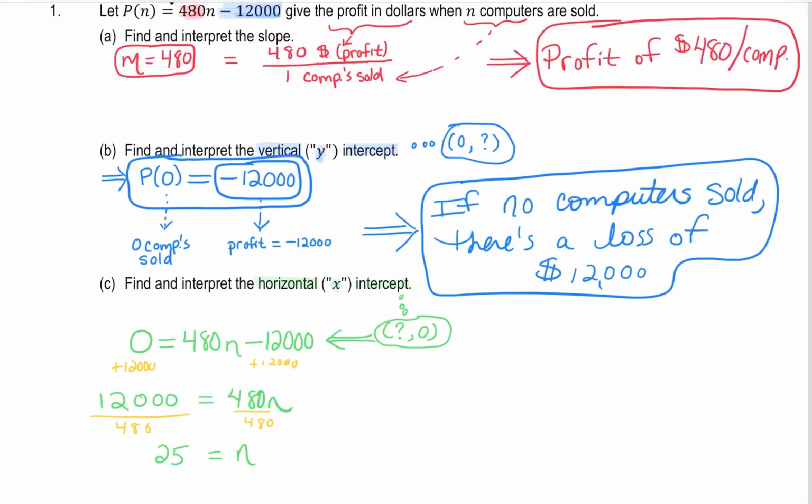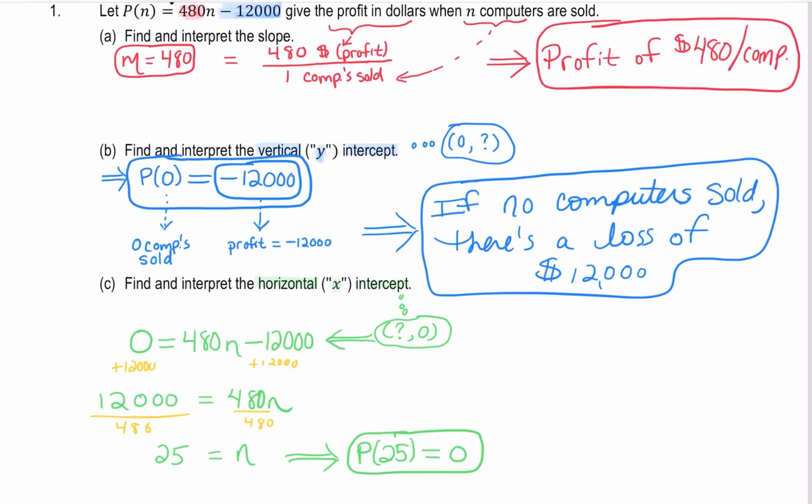All right, so we just found, if we wanted to put that as an ordered pair, or more specifically, use our function notation, that p of 25 is equal to 0. So that's writing it with our function notation.